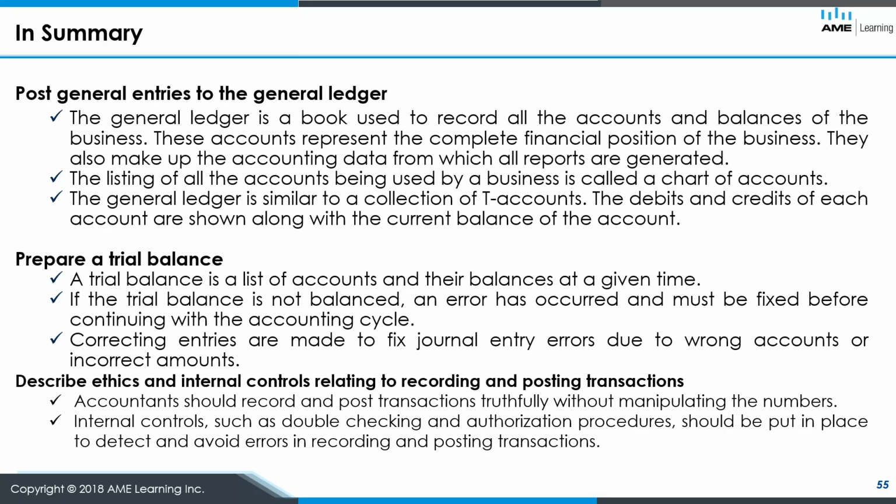So we're kind of the gatekeeper to ensure that the business's information systems from a financial perspective remain accurate, transparent, honest, objective, etc. And we talked about internal controls such as double checking and authorization procedures that should be in place to detect and avoid errors in recording and posting transactions. So that's something we should be doing ourselves.